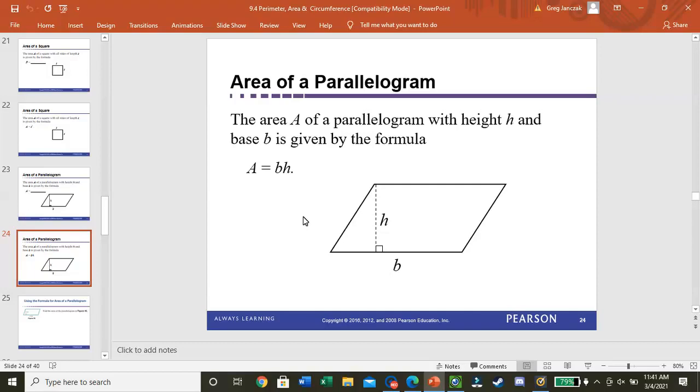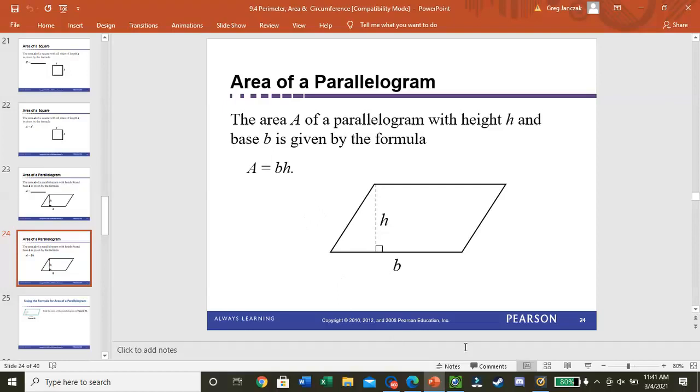So you're going to take the length of one side. Let's say I took this meter stick and measured it, and this side here is 6 inches and the height is 3 inches. 6 times 3, that would be 18, right?